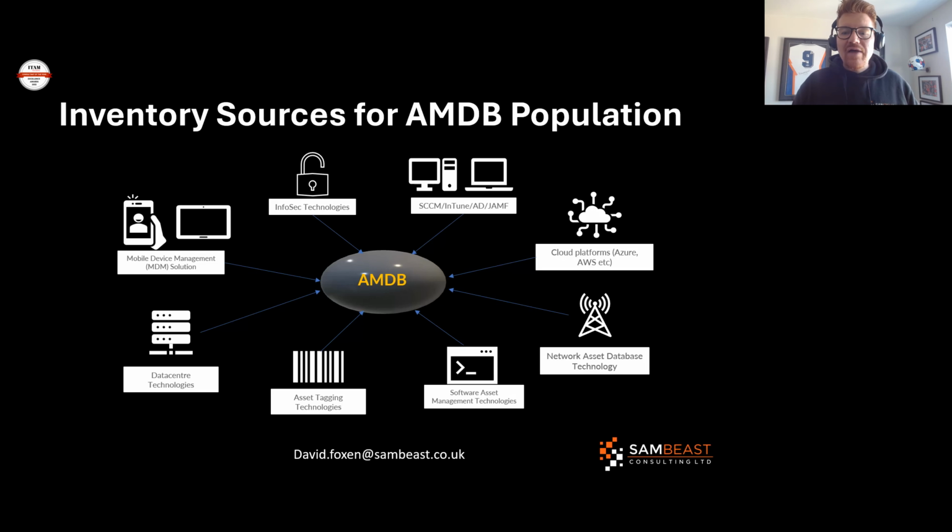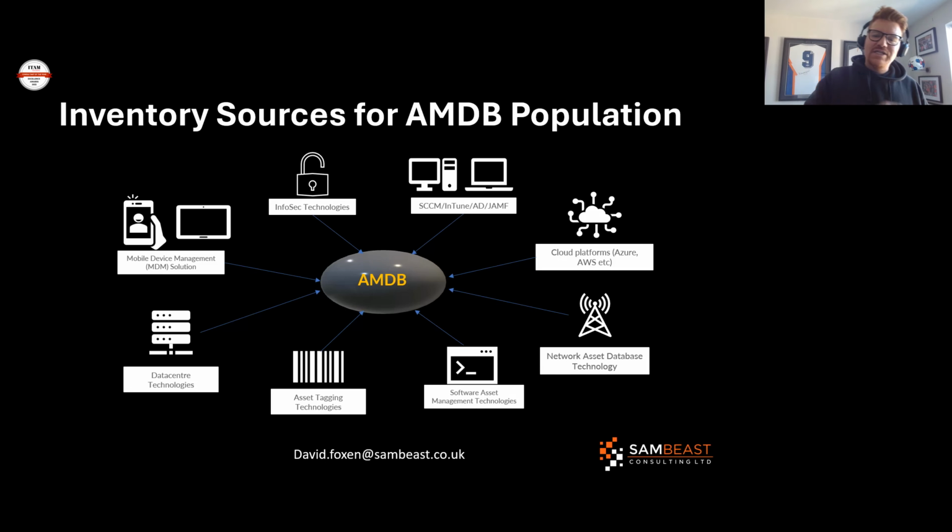You've got your cloud platforms that can come into the AMDB, your network asset database technologies. There are some dedicated network asset management tools out there which are really useful and will populate a lot more information than your typical AMDB will.